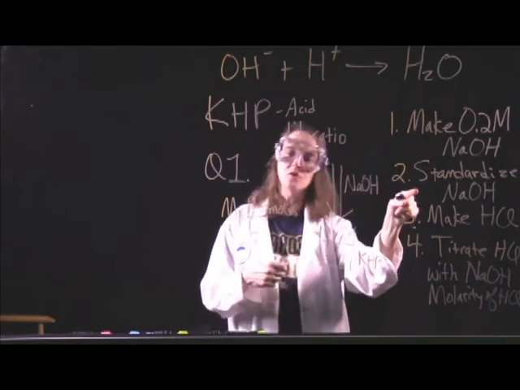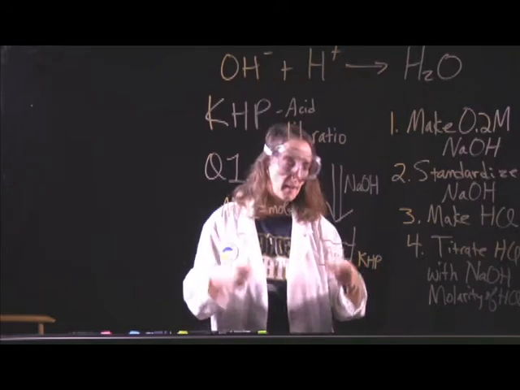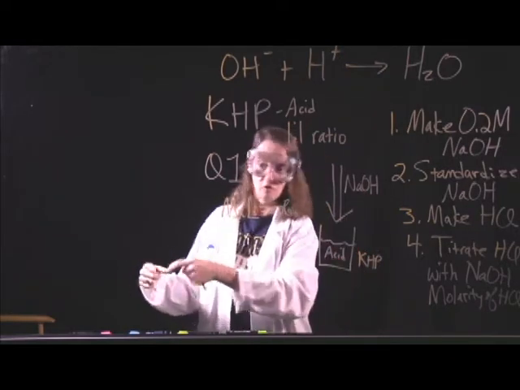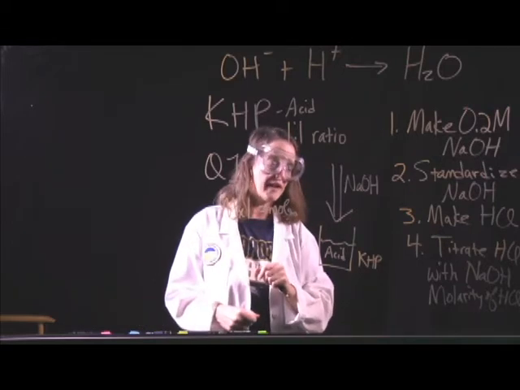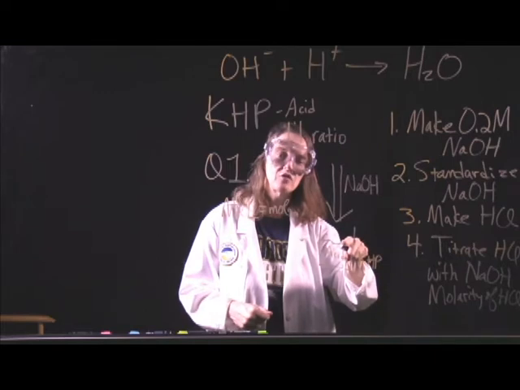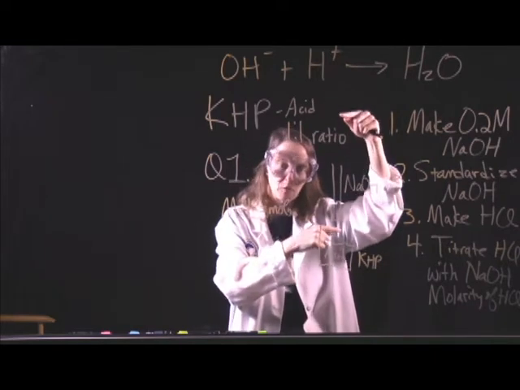But in number 2, you're doing question number 1 calculations backward, because you know the mass of KHP because you weighed it out and you wrote that number down. And you know the volume of sodium hydroxide solution that you're using because that's going to be the difference in volume in your burette.